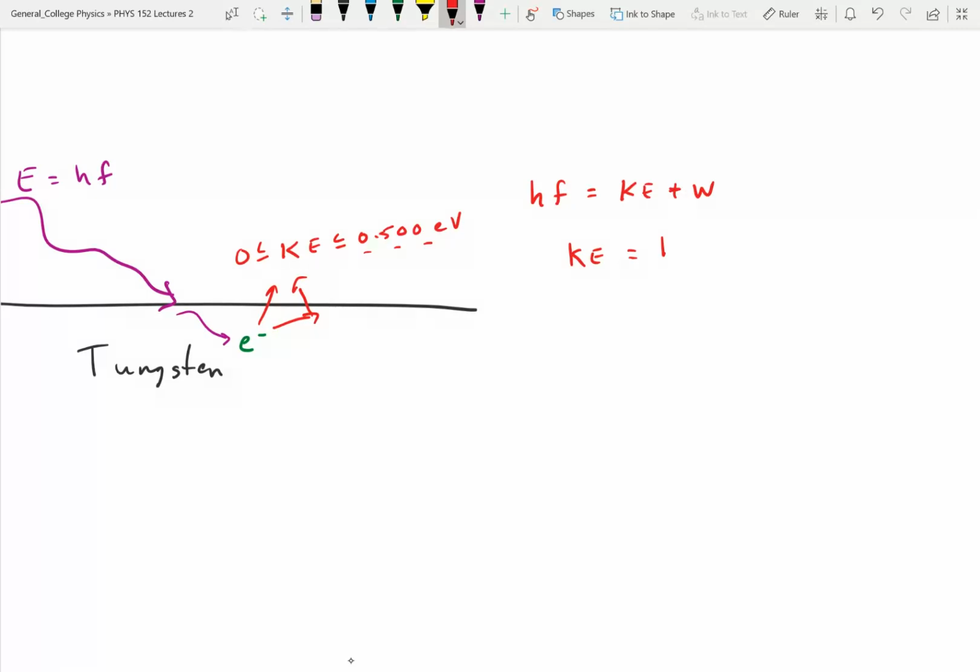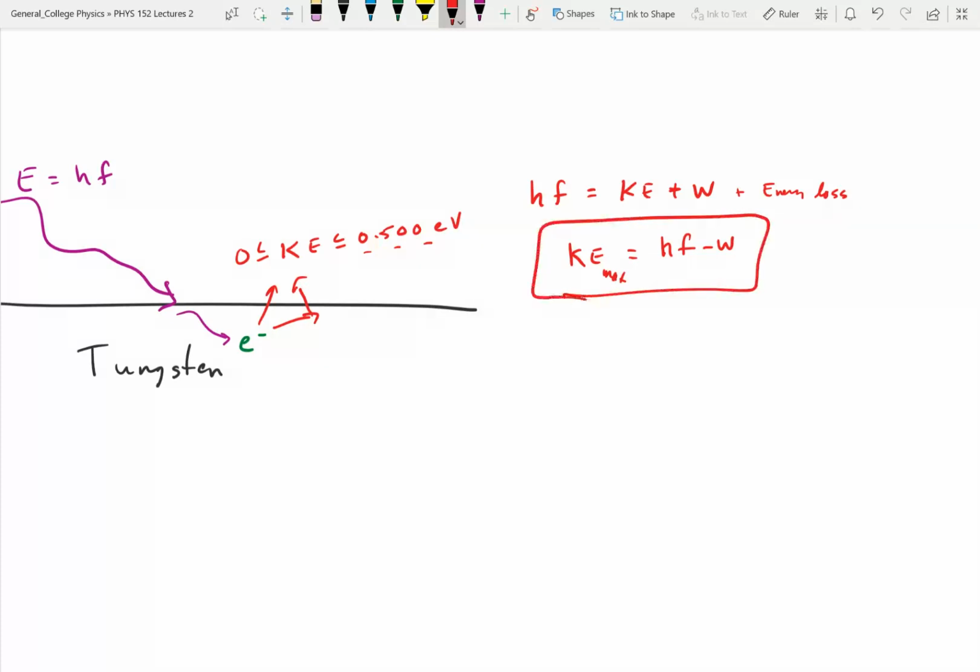It went into that. Kinetic energy then is HF minus the W. That's where I should have had the minus sign. So my total energy in is equal to the energy that goes into kinetic energy and the energy that goes into the work function, and then there is the plus energy loss. So we're doing kinetic energy max here. So kinetic energy max occurs when energy loss is 0.